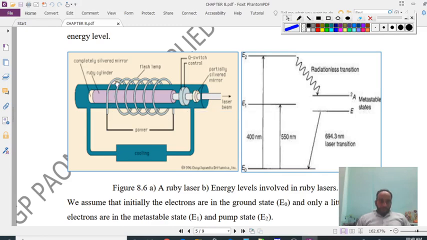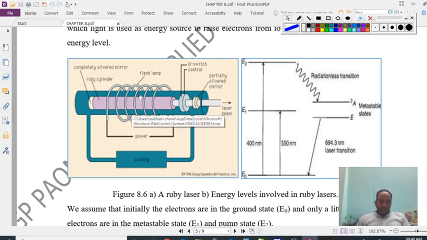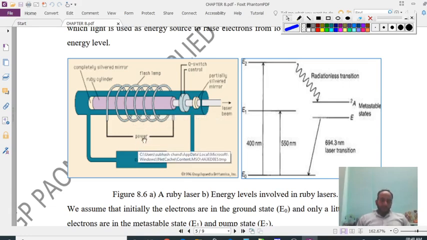A spiral type wire is used for the flash lamp, and power is given to this flash lamp, and the system is cooled to minimize excess heating.